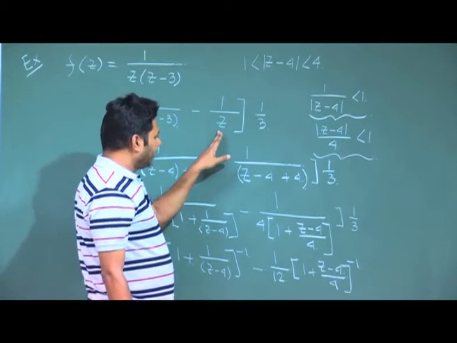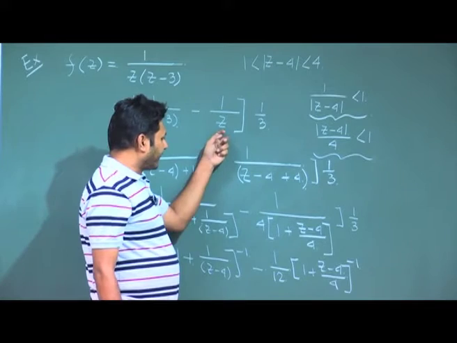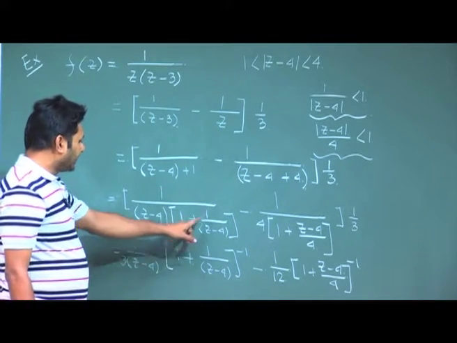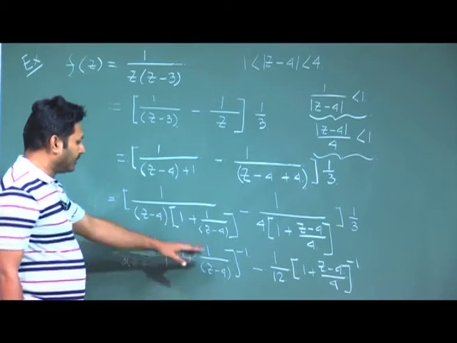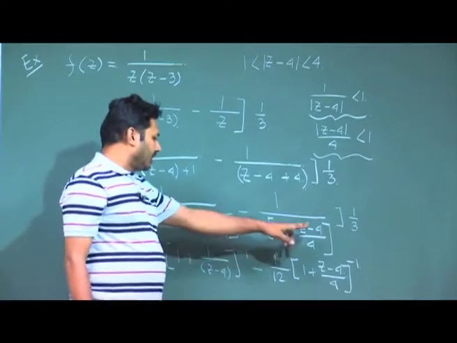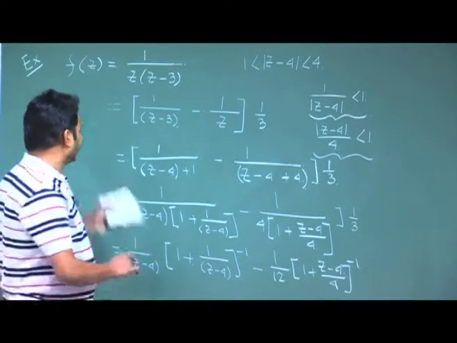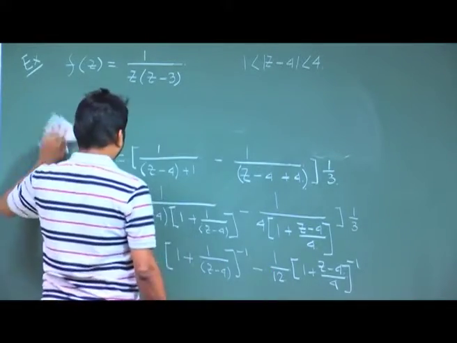In order to have z minus 4, I take z minus 4 plus 4, so that the final term is z. Now, I take z minus 4 common out of here, then 1 plus 1 by (z minus 4), and I take it to the power minus 1, and here also it goes upstairs, and I have this.